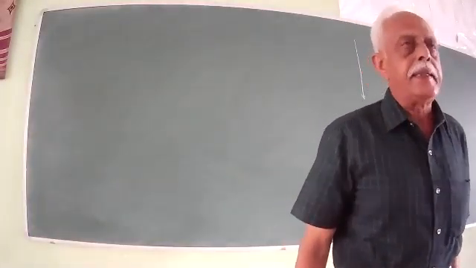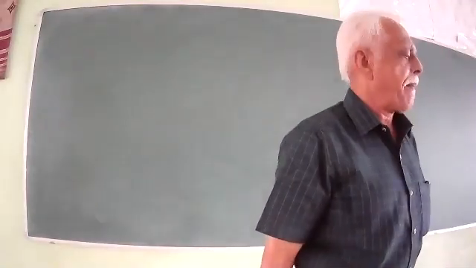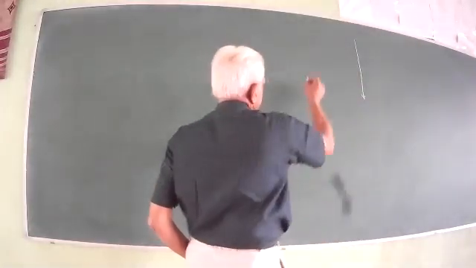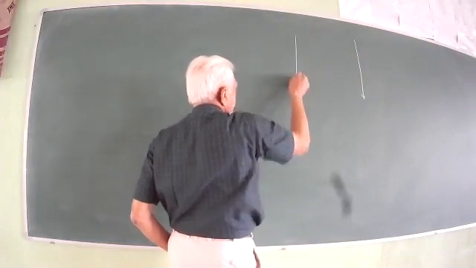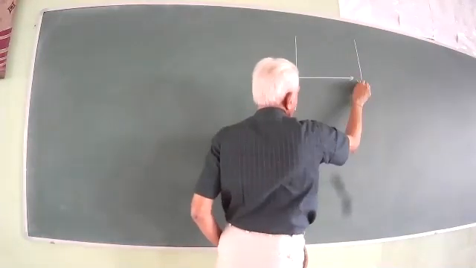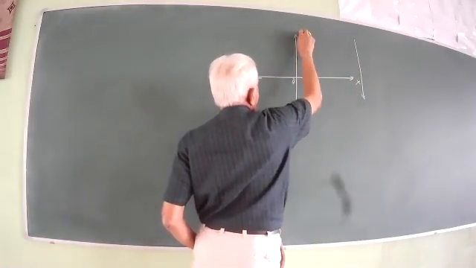Then the ASTC rule is the most important rule. Repeatedly I have been telling. Once again, I make you recollect that ASTC rule. If you know it, okay, otherwise copy down the figure.